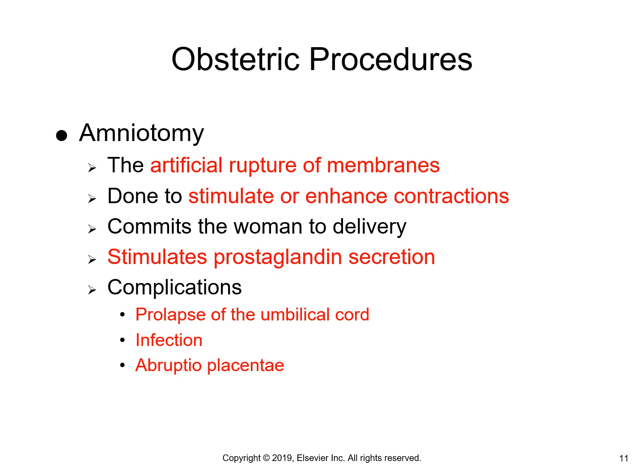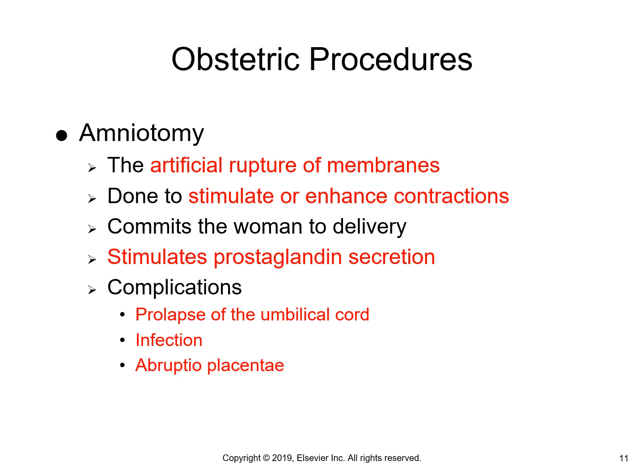All right, moving forward with the more obstetric procedures. Amniotomy. So what is amniotomy? Amniotomy is the artificial rupture of the membrane, or what we call AROM, of the amniotic sac.